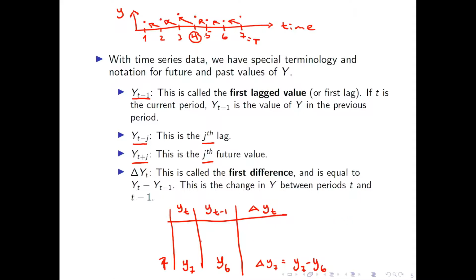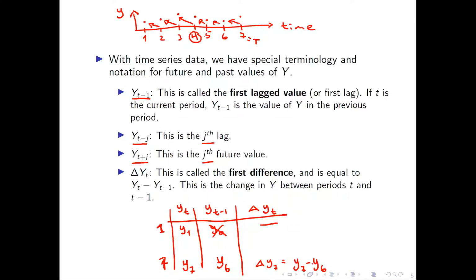But beware that if you calculate the first difference, you always lose one observation, because the y in period 1 cannot be subtracted by the y in period 0, because this observation is not in your data set, which means that you would get a not a number.